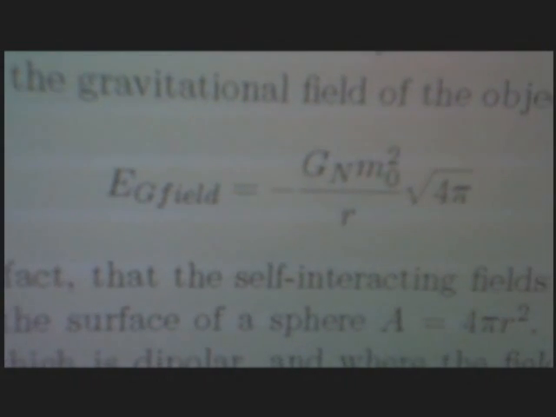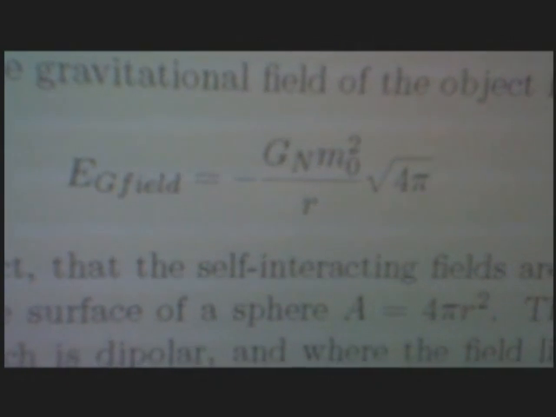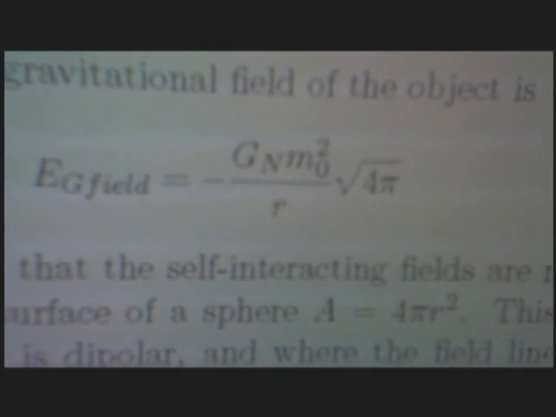And the dynamical self-energy of the gravitational field of the object is E_g,field = −G_N m0²/(r √(4π)).